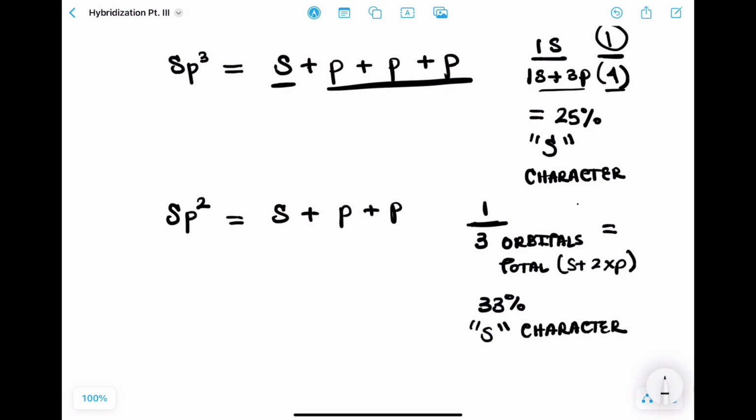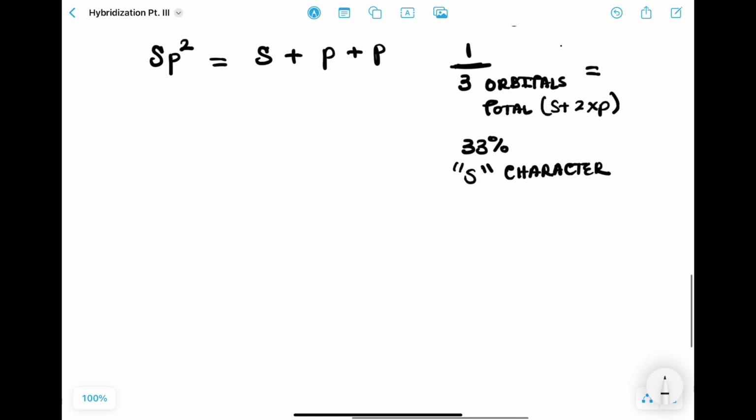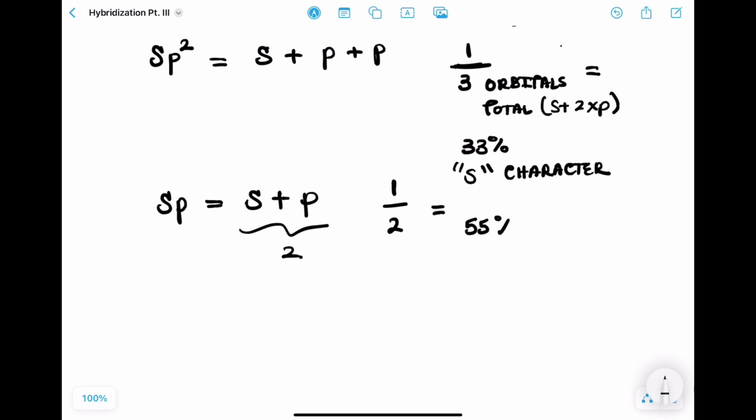And then lastly, sp. You can start to guess. We have one s orbital and one p orbital. So two orbitals total. So s is going to be one of two, and so 1 divided by 2 is going to equal 50% s character in an sp hybridized orbital.